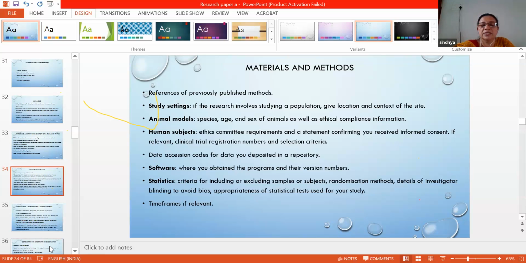Whether the software, the programs and their version numbers are given, because these are the ethical components regarding the publication of our research report. So we should ensure all these components before or while writing the methodology, and check that they are satisfied in our report. That is, these checklists must be checked, whether they are followed or not.